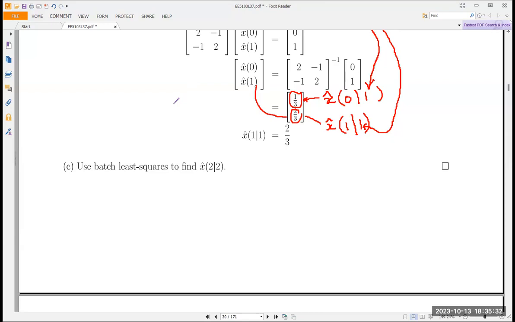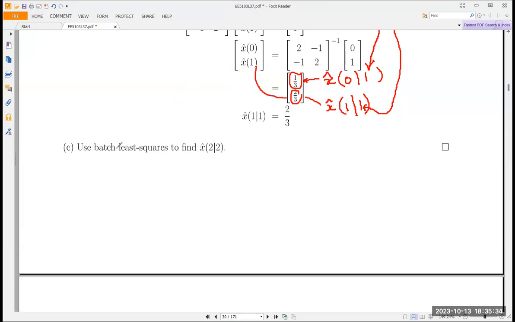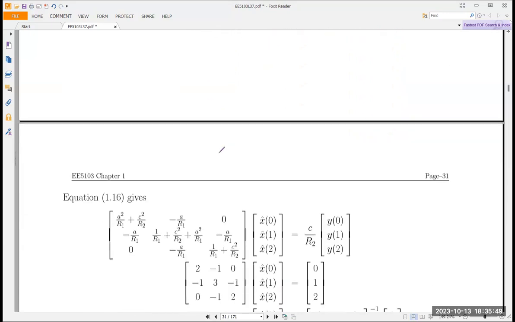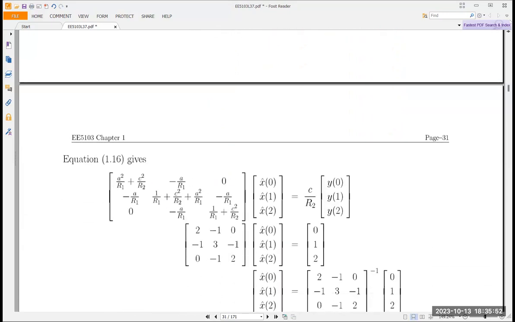Okay. Now use batch least squares to find x hat 2|2, which means at the second sample using y0, y1, y2. Okay, so if you go back to here, this is for 4 equations.